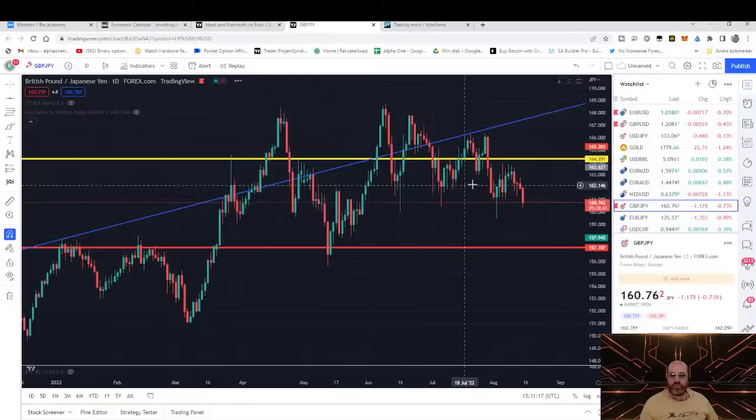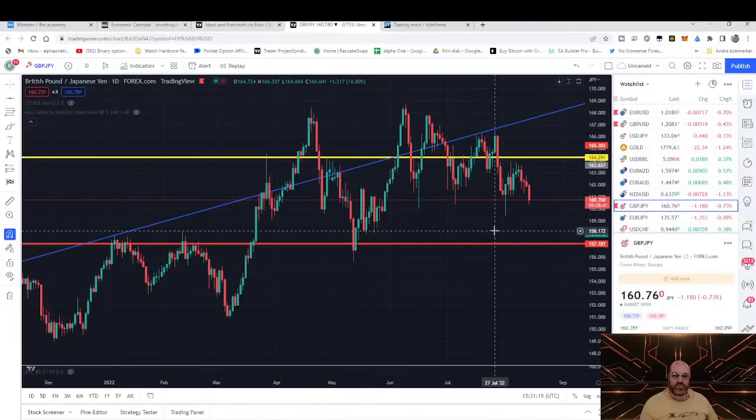Let's go to the 1 day. On the 1 day, it's a little difficult to see where actually the support is. You can see we have a support down here. We have support here. Did we break it? Did we not?